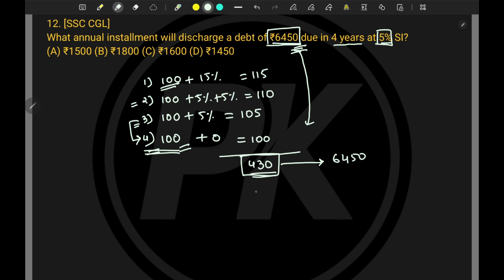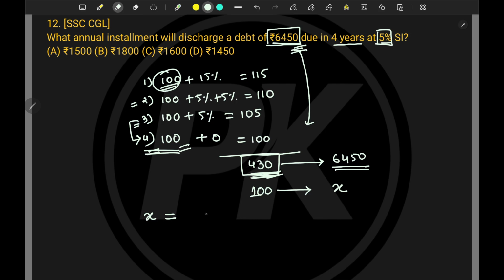Now tell me, if 430 is equivalent to 6,450, then 1 rupee is equivalent to what? Because we are calculating it for 100 and right now we are going for 430, so 100 rupees will be equivalent to x. Just do the cross multiplication.